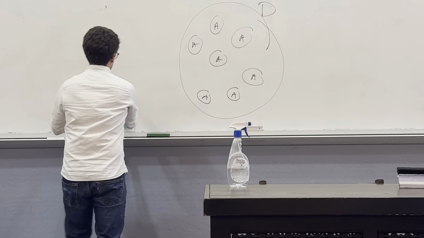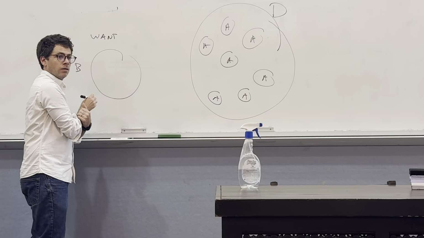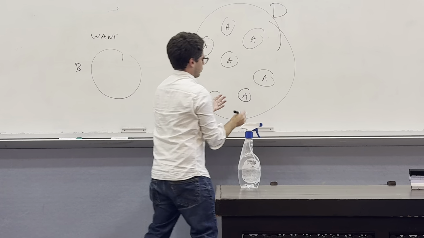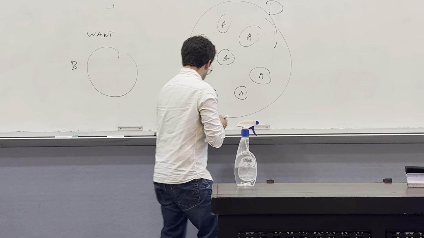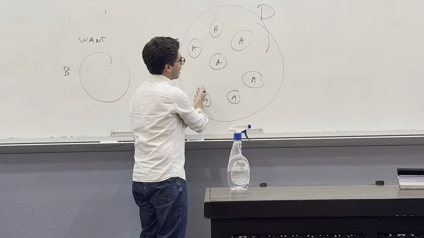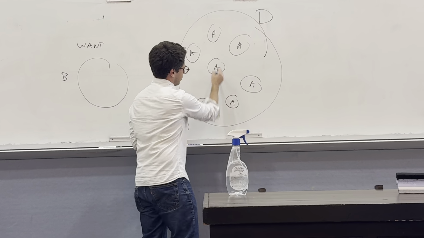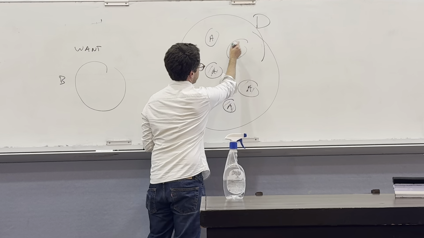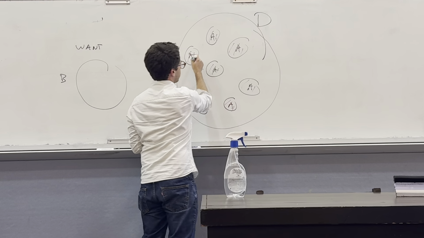And now, the thing that I want is a copy of B such that B lives inside of here. Maybe I should use colors. The copies of A living inside of D are given colors, given by my coloring.